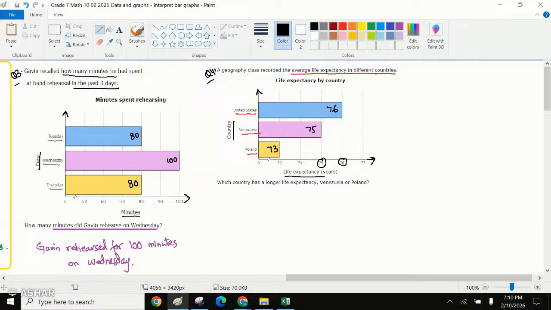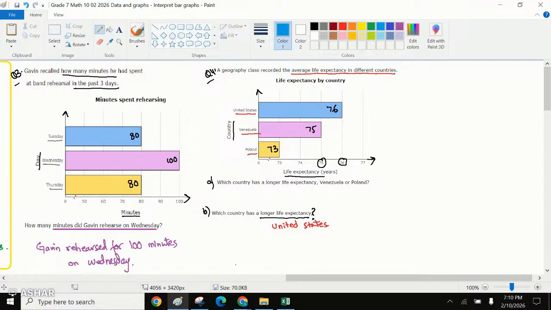If the question would have been which country has a longer life expectancy, just this statement, then the answer would be very different. If I would say this is the second part, which country has a longer life expectancy between all three? So we can say, as per the information provided, it is United States.